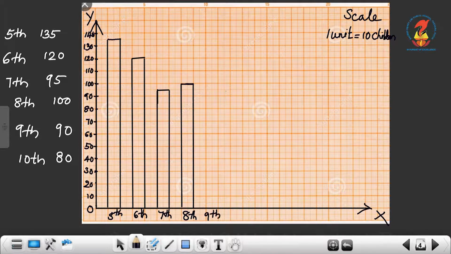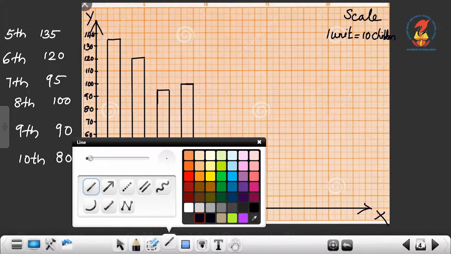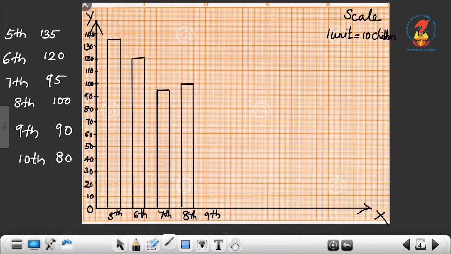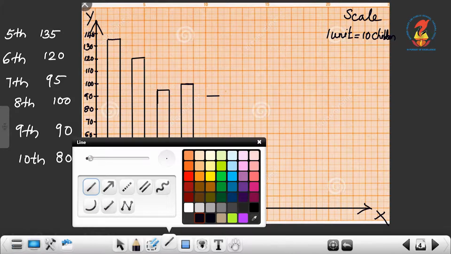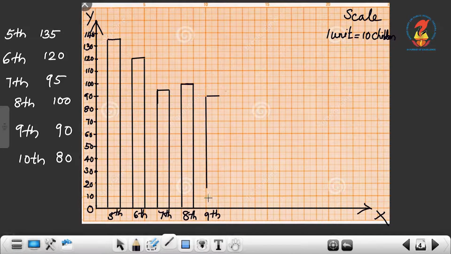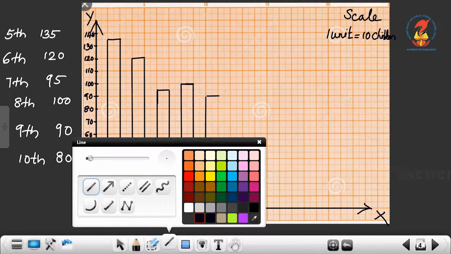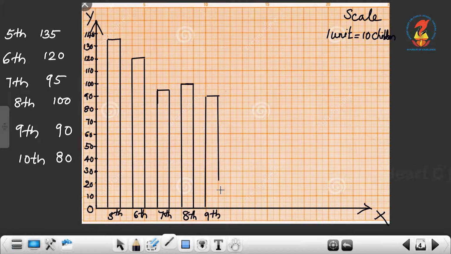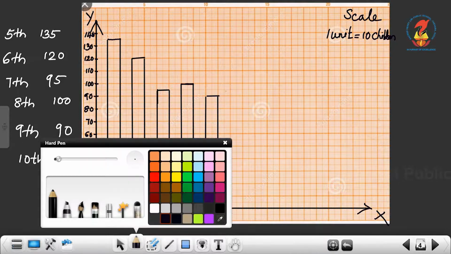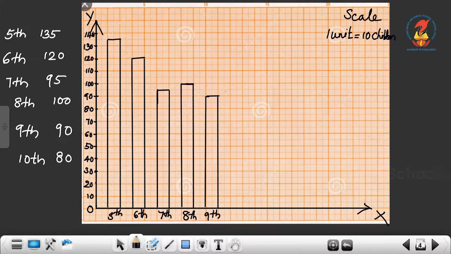Okay, 9th, 90. Then next is 10th. Then 10th it is 80.